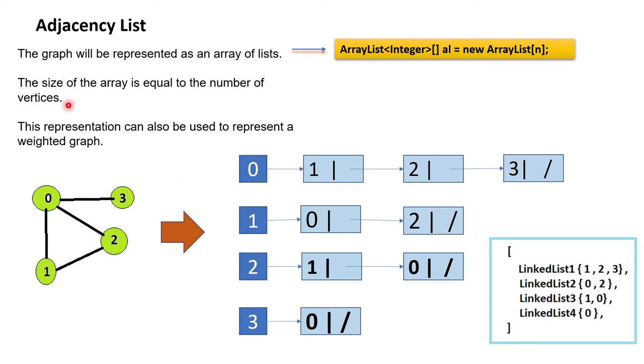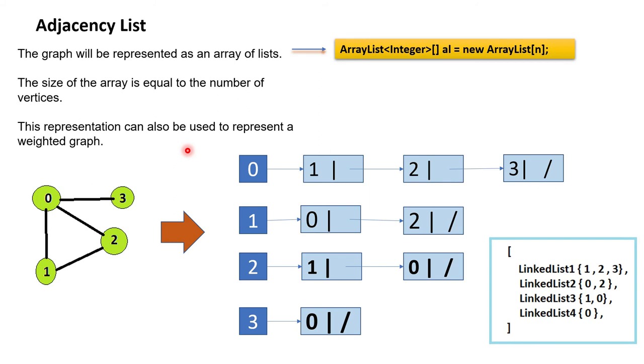Now if we come to these points, then you can see the size of the array is equal to the number of vertices. As I just told, the size of the array will be the same as the number of vertices. And this representation can also be used to represent a weighted graph.